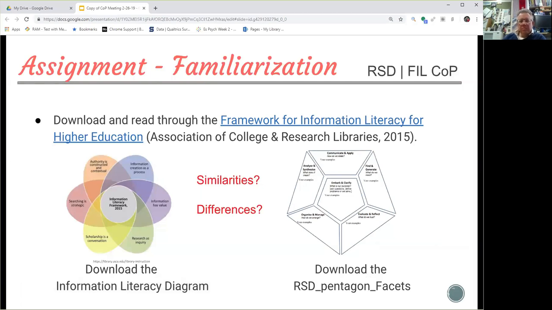Then for reference's sake, something that's helped Jesse and me as we've looked at assignments and collaborated is to take a look at two graphics. One of them, on the right, is the RSD pentagons. It took that RSD framework that we introduced, and it looks at the 5 facets of research, or the 6 facets of research.